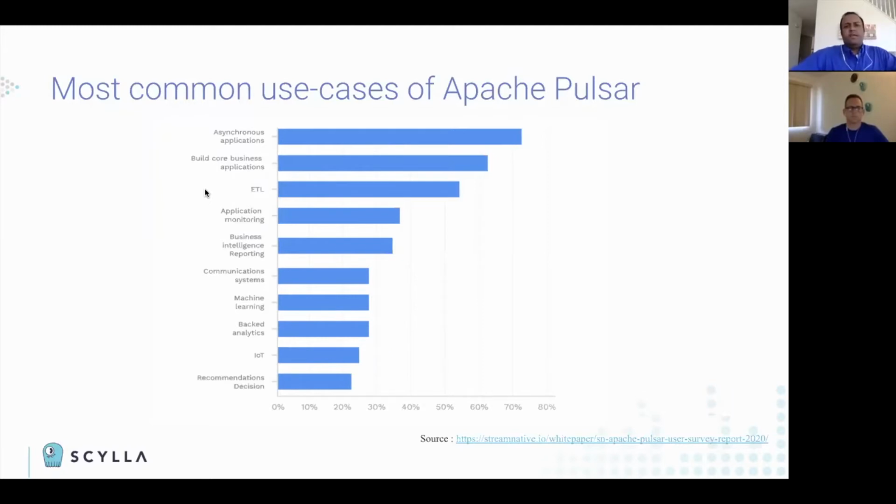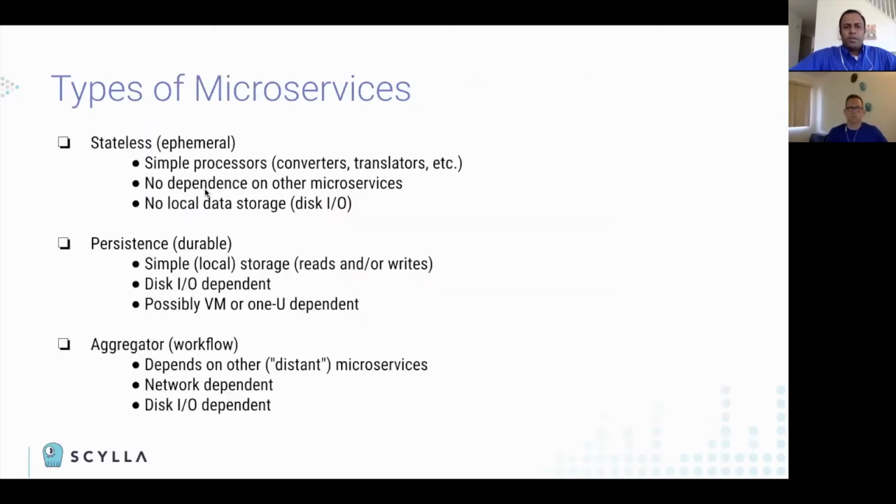So now let's dive into how various message queues are used by microservices and how change data capture plays a role in this. So, different types of microservices which are typically built, various design patterns.